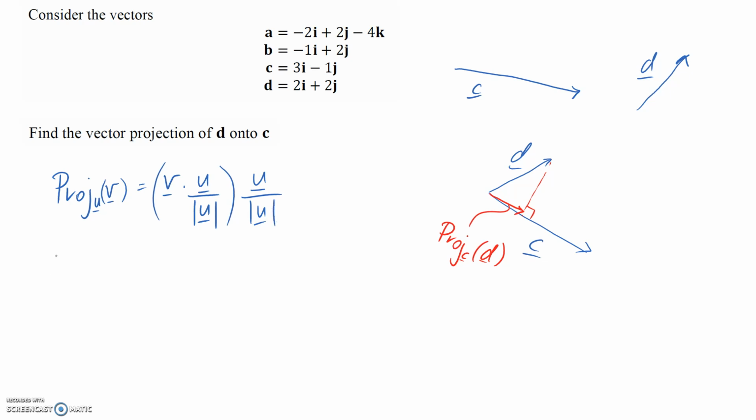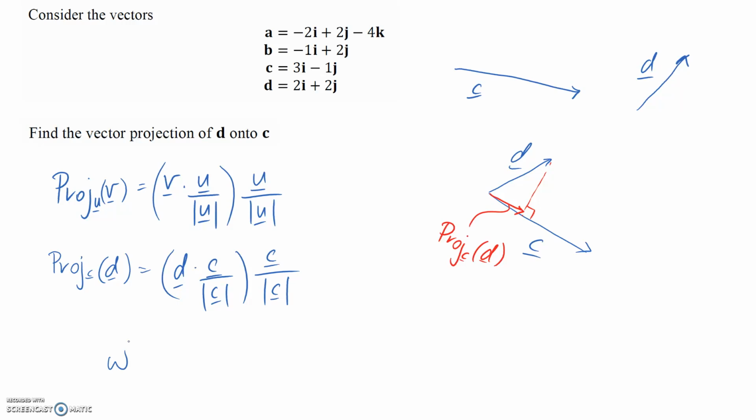So if we swap it over into what we're using, ours is going to be the projection of D onto C, like that, and we'll just replace the notation here. And we get that. So what we need to go through and find is essentially the dot product here. We need the magnitude of C and then the actual C vector we've been given in the question.